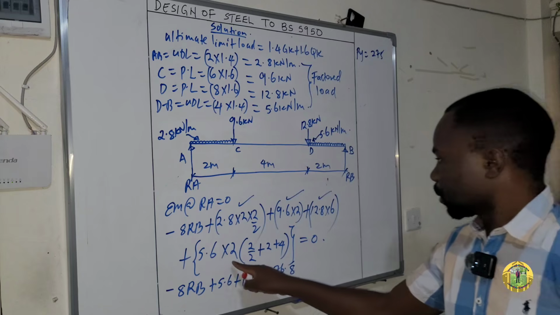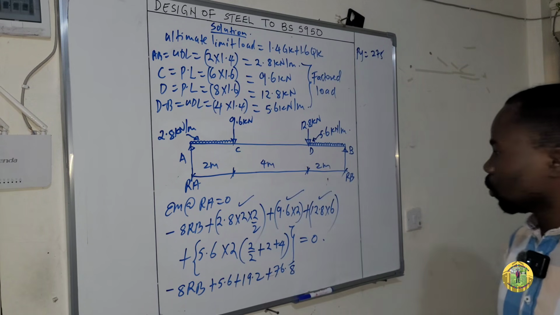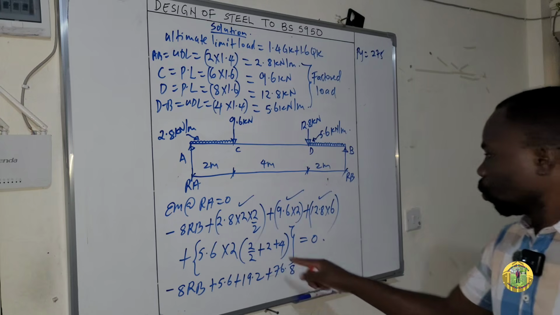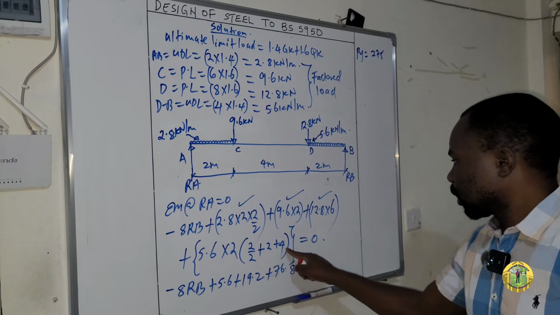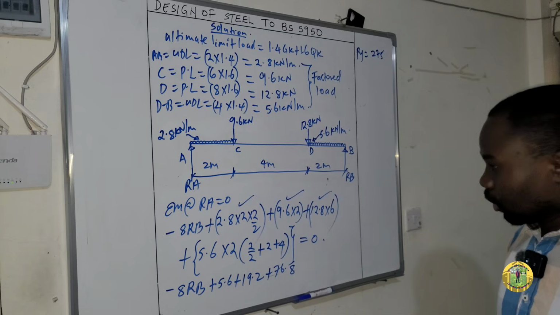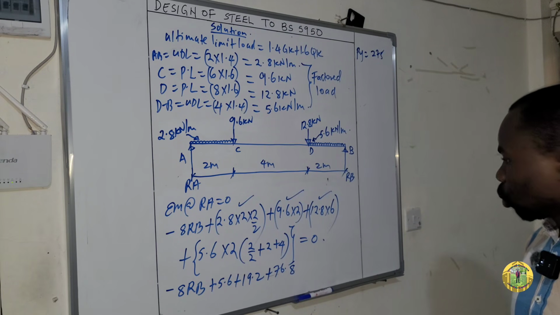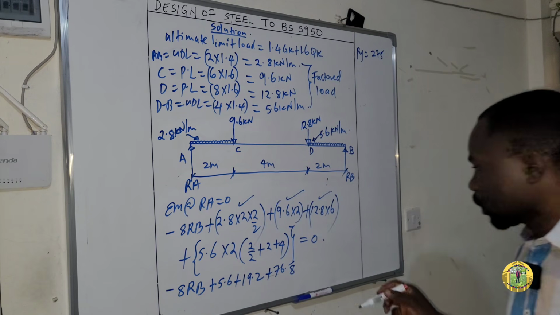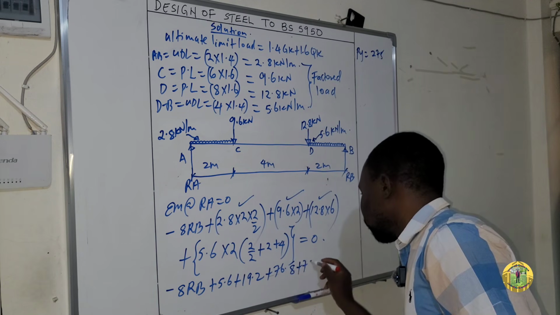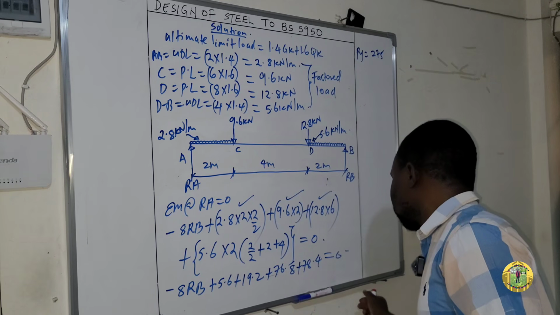We come to this one: 2 over 2 is 1, 1 plus 2 is 3, 3 plus 4 is 7. So we'll have 5.6 times 2 times 7, so this is 78.4, equal to 0.